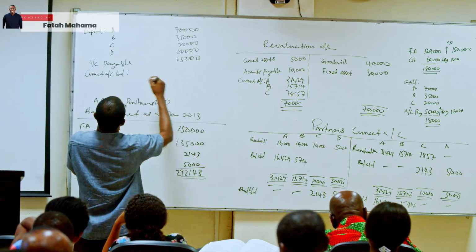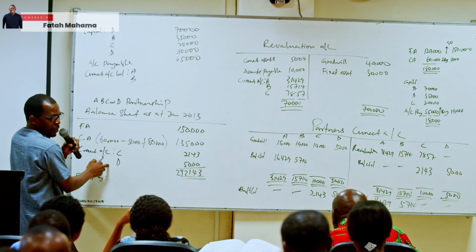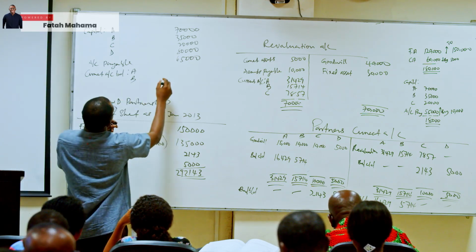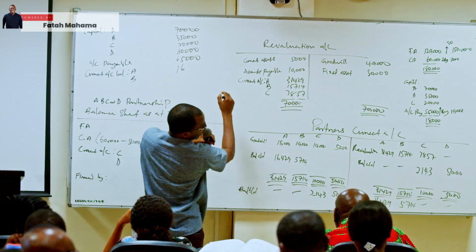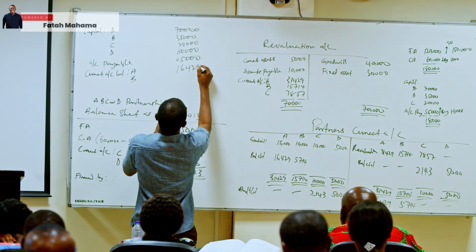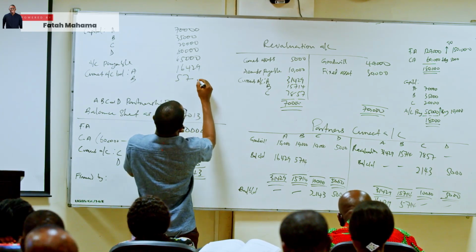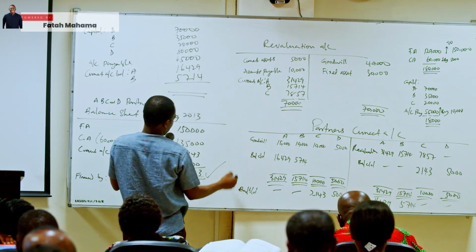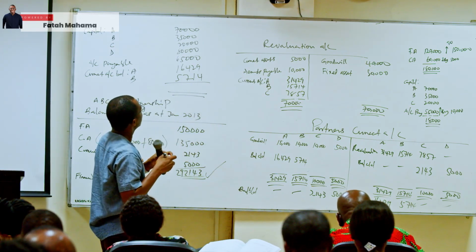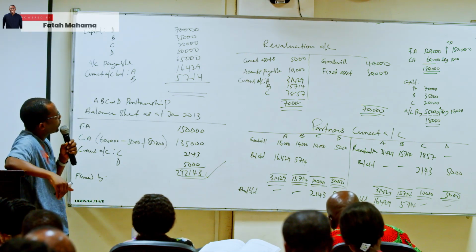We have liability against them. So A and B. Remember, when it came to the asset, it was C and D. Right? So A is what? 16,429. And then 5,714. When you add all this, you must get this. Somebody add them for us.